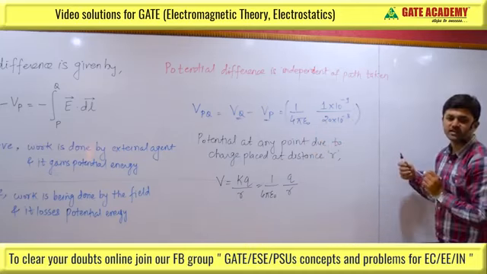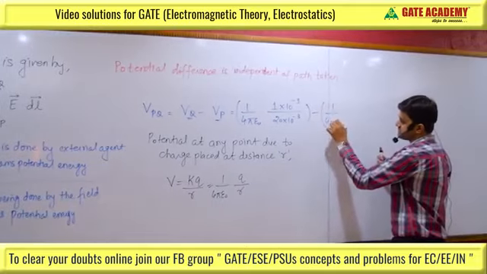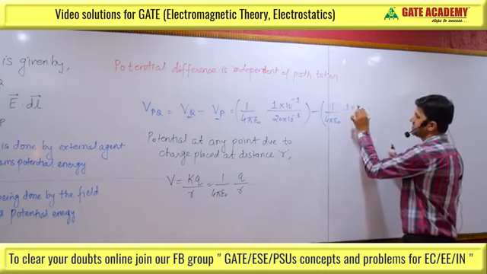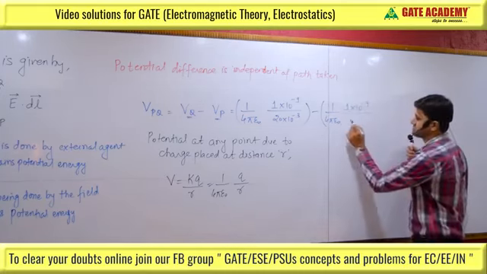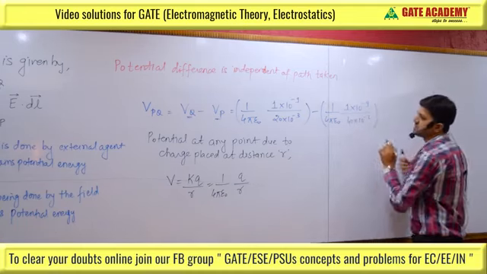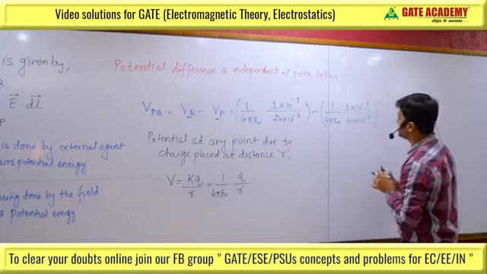This is VQ minus VP, 1 upon 4 pi epsilon naught, the charge is the same, 1 into 10 raised to power minus 9, and this is 40 into 10 raised to power minus 3. The distance for point P is 40 mm.